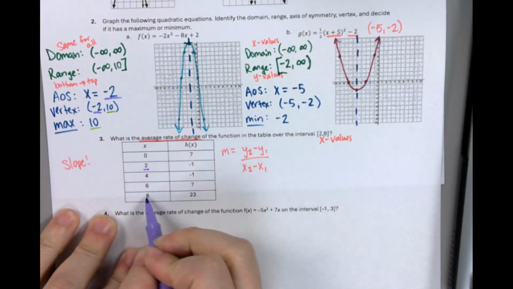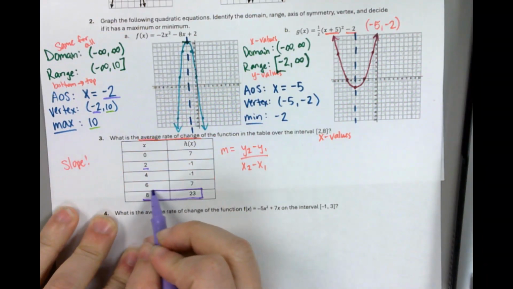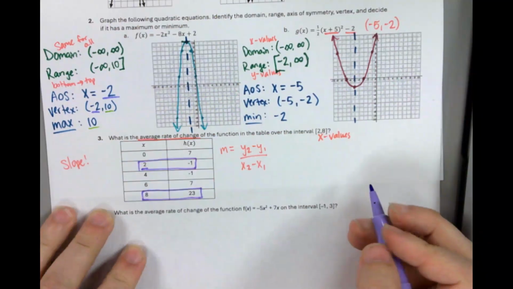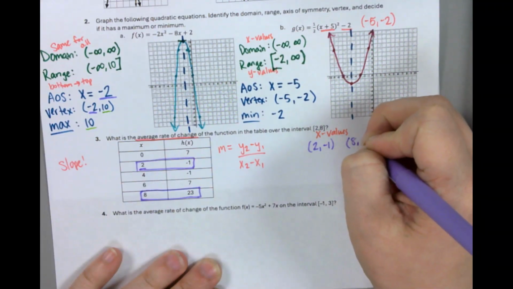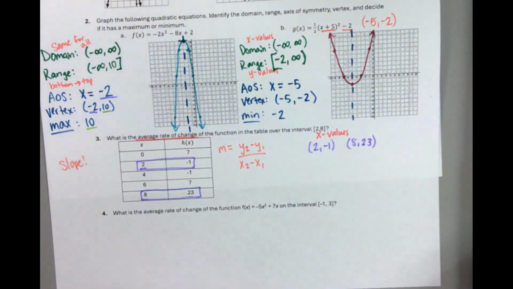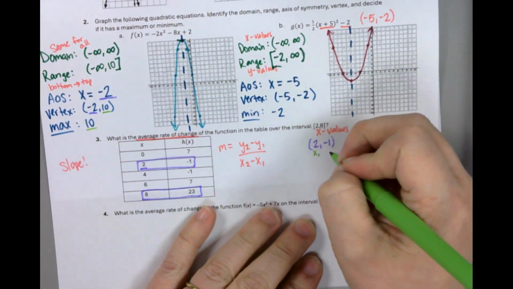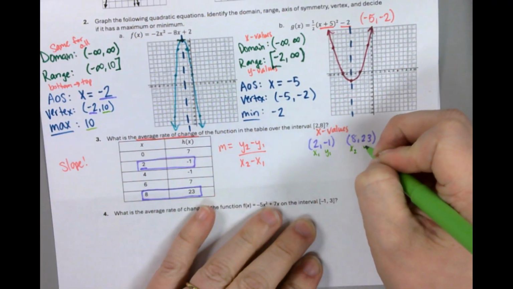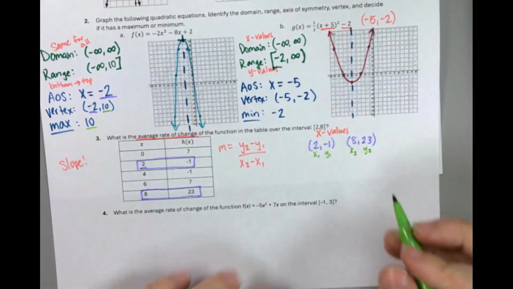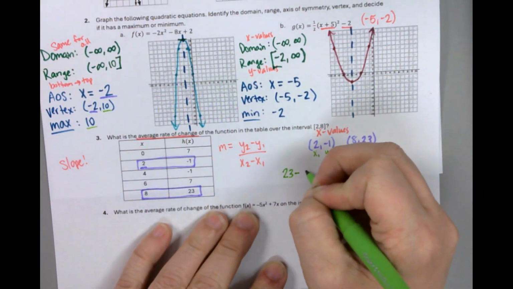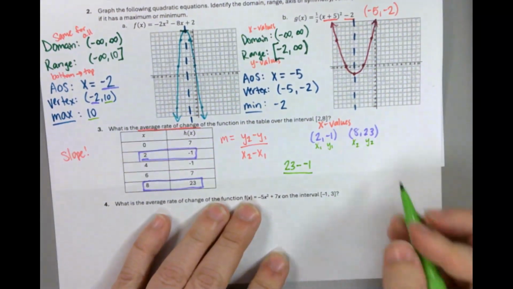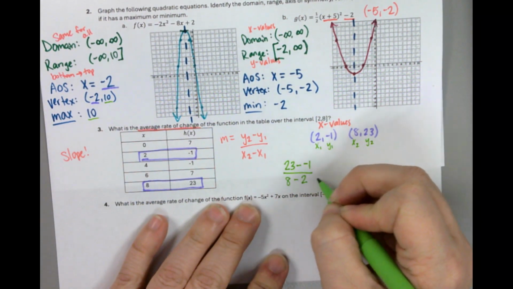I have the x value of 2 and the x value of 8, which means my points are 2, -1, and 8, 23. So then I have y2 minus y1, in case you don't remember. Here we have x1, y1, x2, y2. y2 is 23 minus y1, so 23 minus -1, over x2, 8 minus 2.